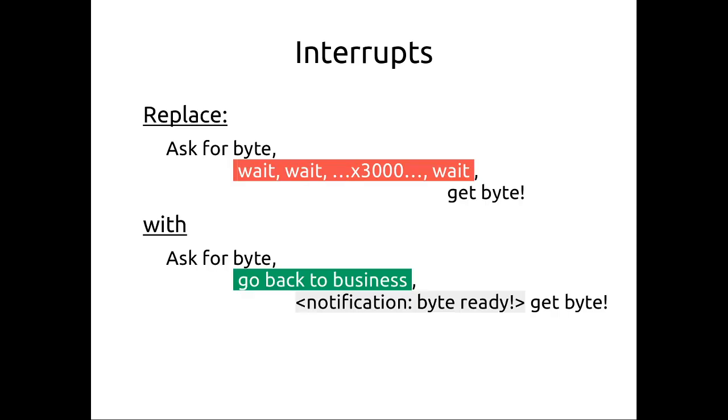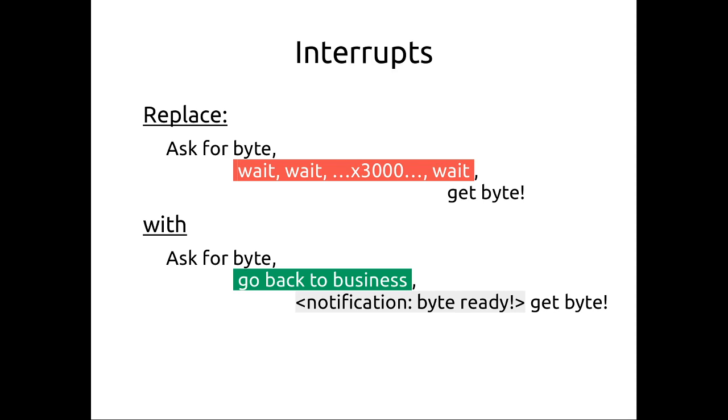This motivates interrupts. What interrupts do is they seek to replace this notion of asking for a byte of data, making the first in instruction request, and then waiting for effectively 3,000 cycles, right? For effectively 3,000 times the speed of actually just doing a cycle's worth of operations. And then after we wait for that long, we can get a byte of data.